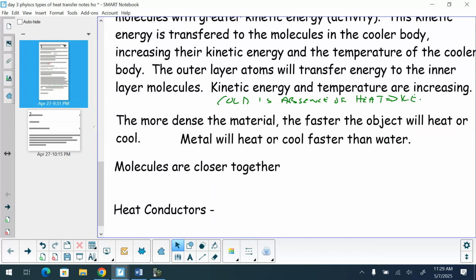The more dense the material, the faster the object will heat or cool. Metal will heat or cool faster than water because it's more dense.